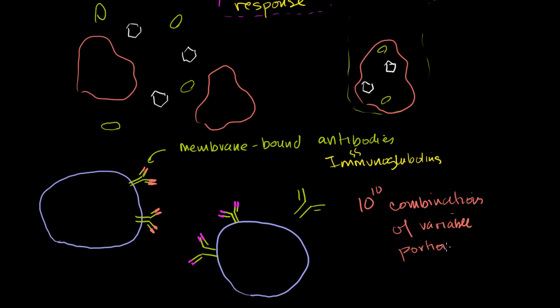So the first question, and I haven't even told you what the variable portions are good for, is how do that many different combinations arise? Obviously, or maybe not so obviously, all the proteins that are part of most cells are produced by the genes of that cell. So if I draw, this is the nucleus, it's got DNA inside the nucleus. This guy has a nucleus, it's got DNA inside the nucleus.